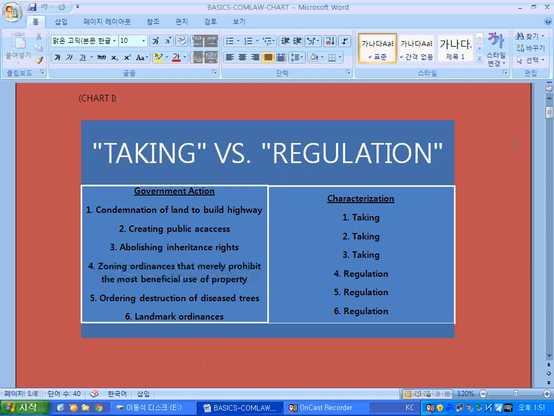When we come to the substantive due process issue, another important consideration has to be given to the taking regulation.